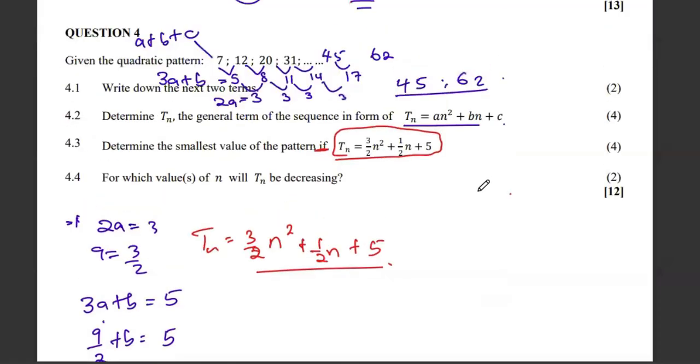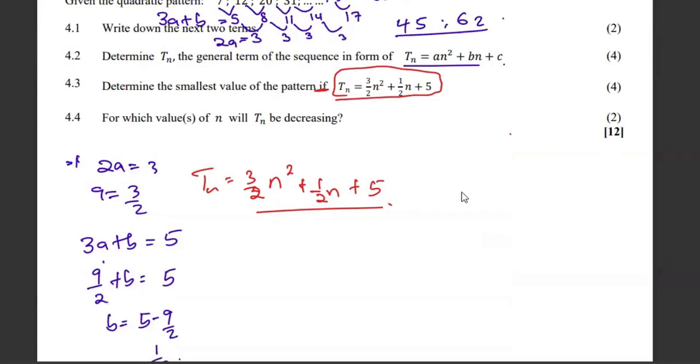Now, when they ask for the smallest value, they are technically looking for the minimum value. Now, how do we determine the minimum? All we have to do is get negative b over 2a. So this is going to be negative a half divided by 2 times 3 over 2.